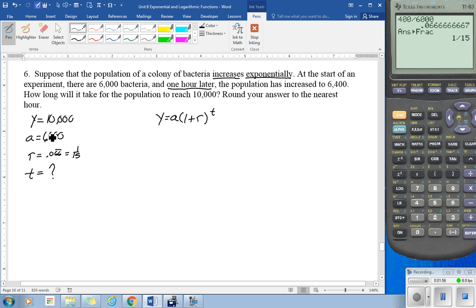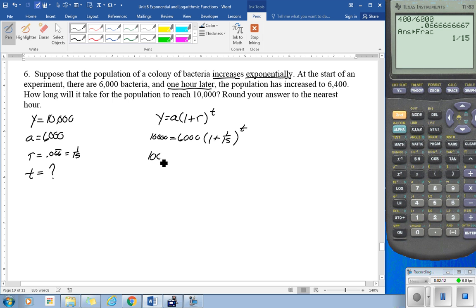Okay, so there we go. We found the r, we got the y, we got the a. The only thing we need is t. Let's plug in everything and see if we can come up with that. So we got 10,000 equal to a, which is 6,000, times 1 plus our rate of 1/15, up to the t power. There's some simplifying we can do here.